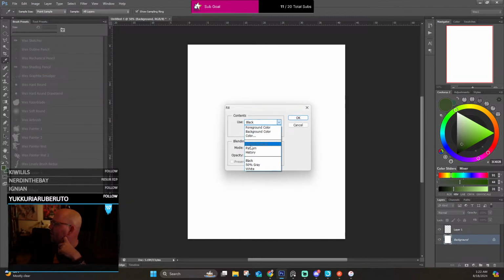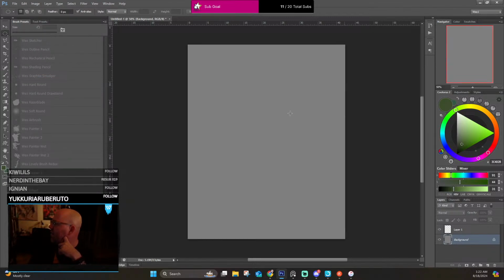Let's fill this with 50% gray. Cool. All right. So we have this, right? Yeah, I mean, green deserves its own chapter. It's super difficult. But that's why I like to try to embrace it, because if I can nail it, we're getting somewhere.